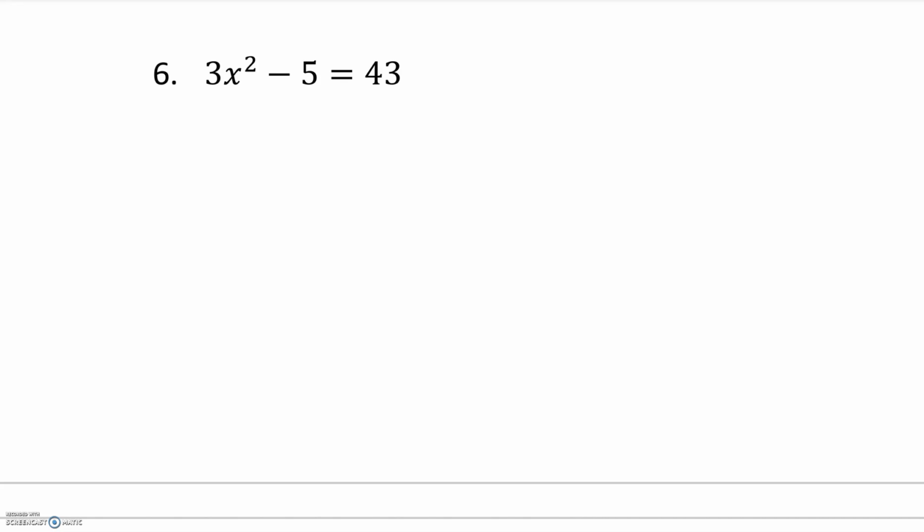I need to get rid of that subtraction first, so I'm going to add 5 to both sides. And that adding 5 gets rid of the subtract 5 on the left. On the left-hand side, I'm left with 3x squared is equal to 43 plus 5 is 48.